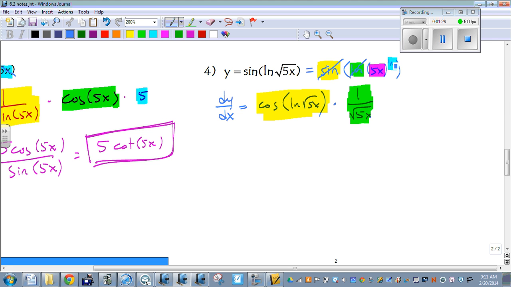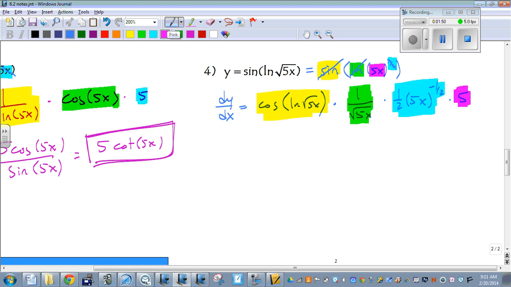Next, the 1/2 is outside of the 5x, so the next step is the exponent. We're going to bring that 1/2 out in front, times 5x to the negative 1/2. That's the derivative of our exponent. And then last but not least, derivative of 5x is just 5.